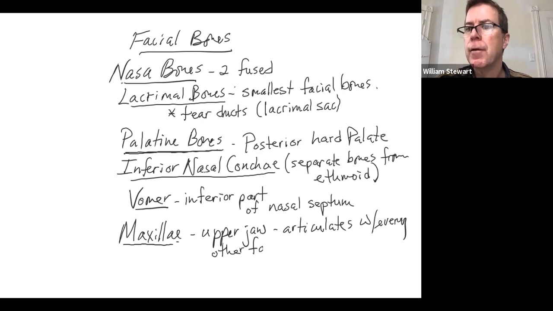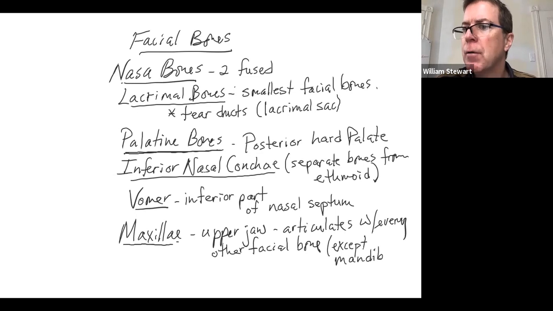Every other facial bone, that's the key, except the mandible. It touches the mandible at the teeth, the lower jaw, but it doesn't technically articulate with it, bone to bone.